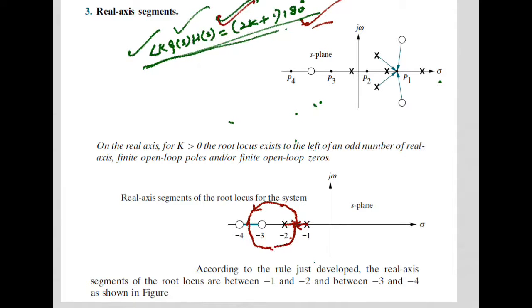That is, they start from these two poles, -1 and -2, then meet somewhere and break out into the complex conjugates.